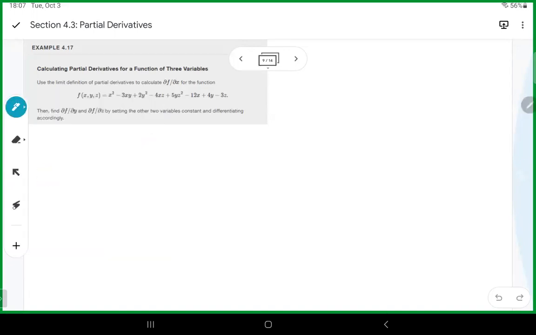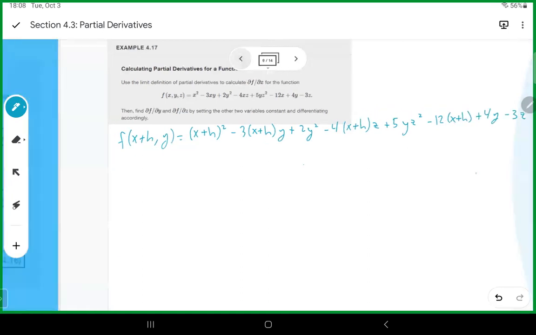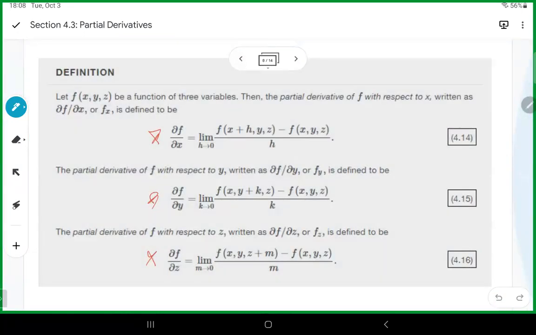Let's try it. Okay, that's what I thought.